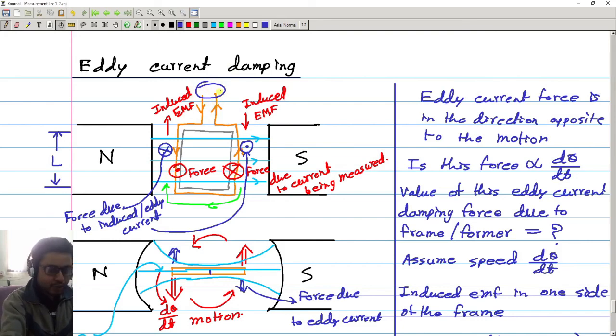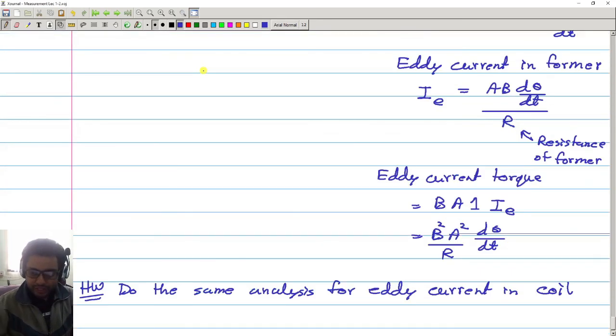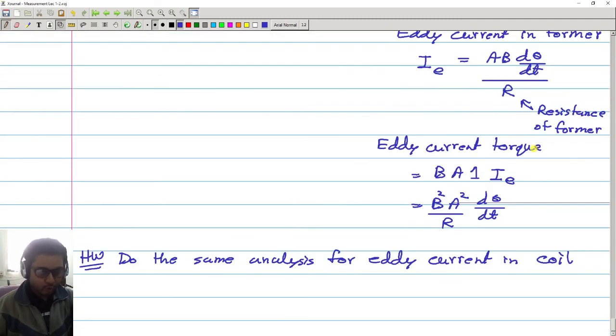That resistance will also come. So here we will have coil resistance plus external resistance. They are in series. So that is your homework. Do the same derivation with the coil resistance in your consideration.